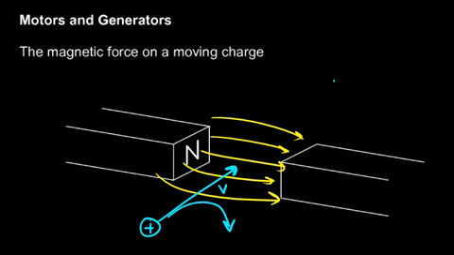Now if you picture a charge coming back here, moving across the field in the opposite direction, it's going to be forced the opposite way. It's going to get forced up like that. And again, you can picture your right hand here.